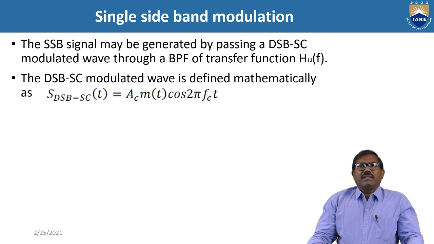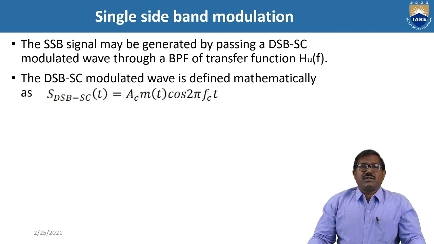Generally, the SSB signal may be generated by passing a DSB-SC modulated wave through a bandpass filter of transfer function H_U(f). Why? The DSB-SC, double sideband suppressed carrier, has two sidebands.